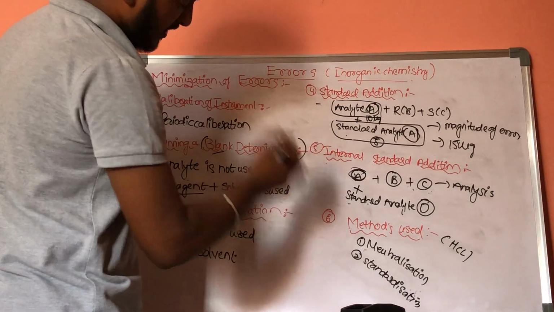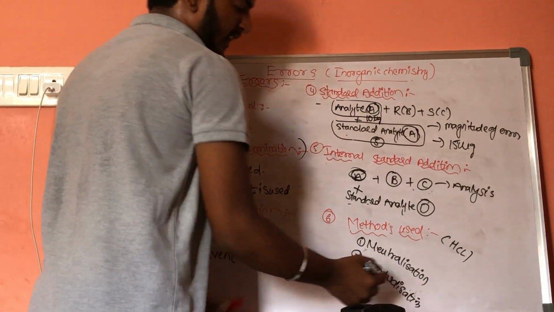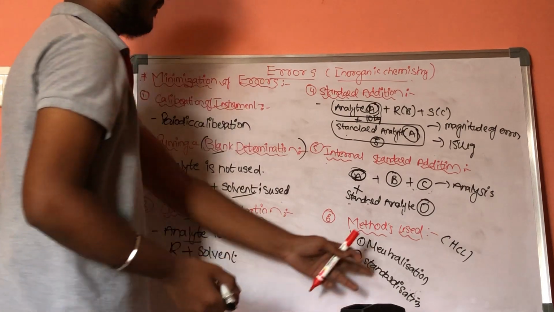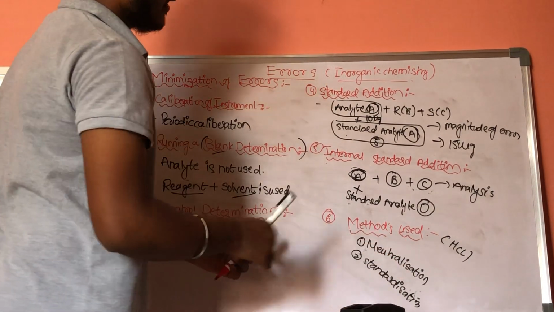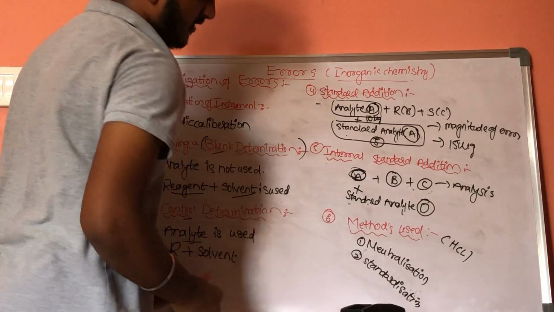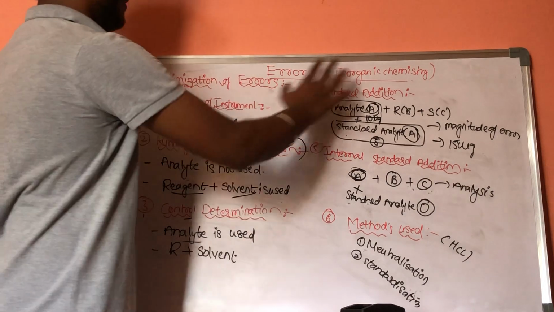In either of these two methods, if we get an appropriate value, then we should use either the neutralization or standardization reaction. This is one of the most used methods. These are the 6 methods.